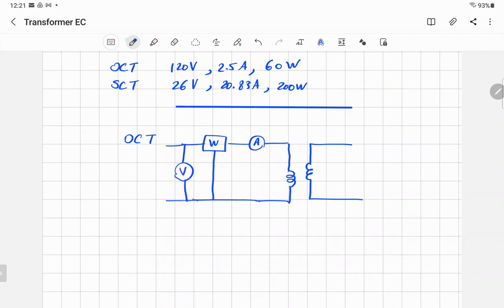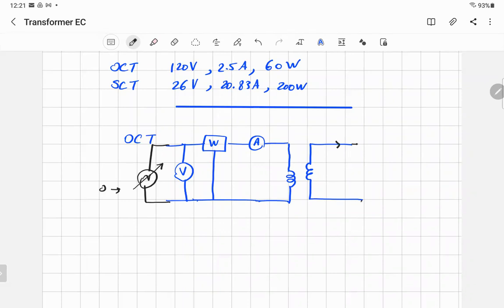On this side, we are going to connect the power supply, AC, which of course has frequency and voltage, and a variac. I start from 0. On the other side, I leave it open, so no load.